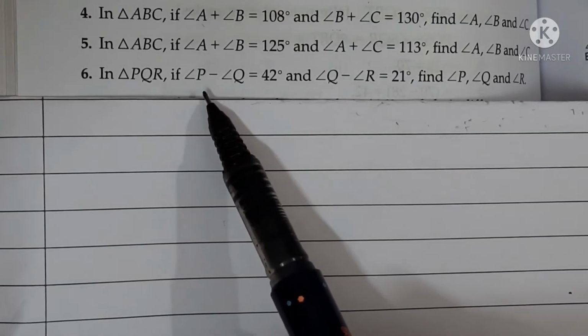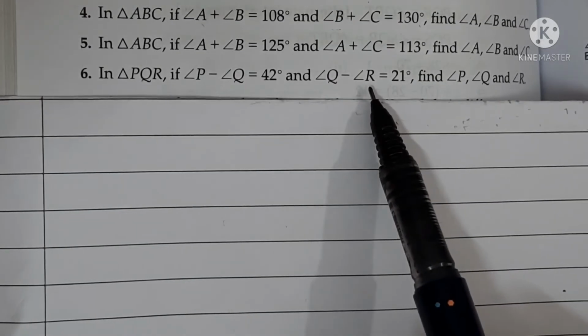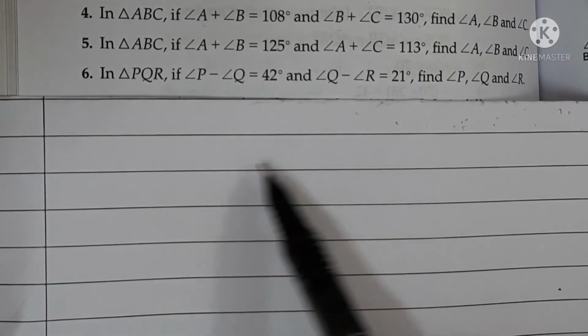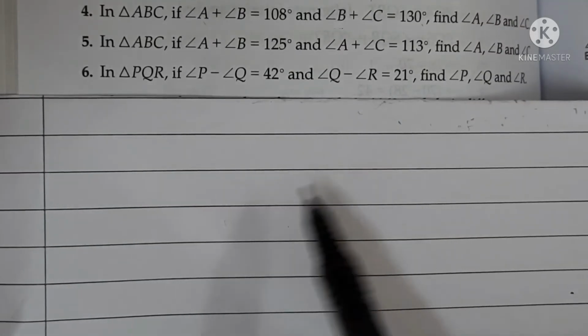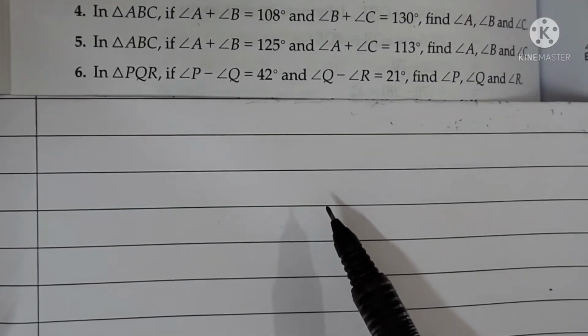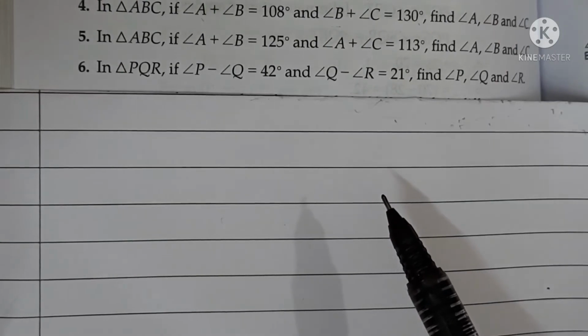Write P and R in terms of angle Q, so we get the value of angle Q, and the other angles you can solve with the help of angle Q.